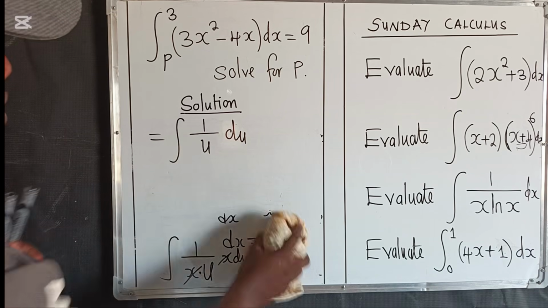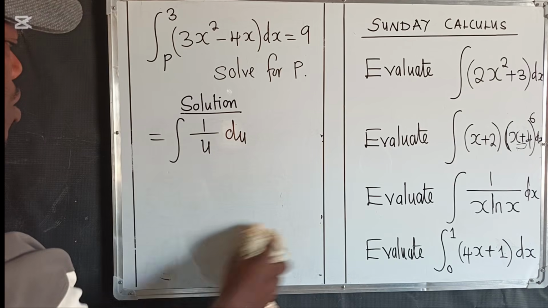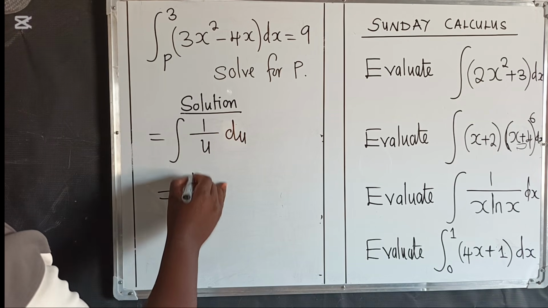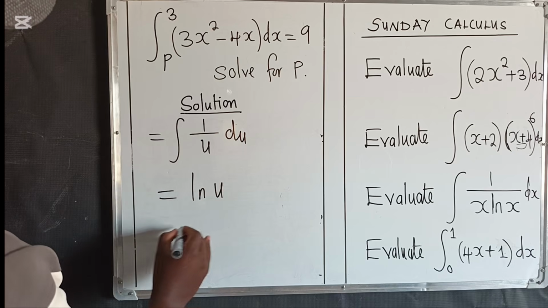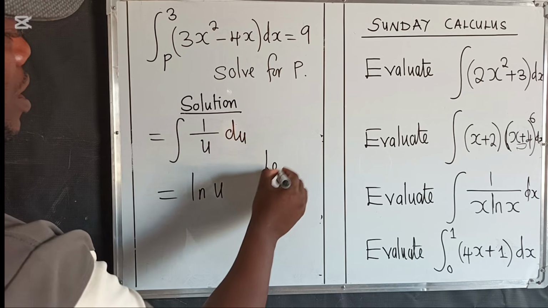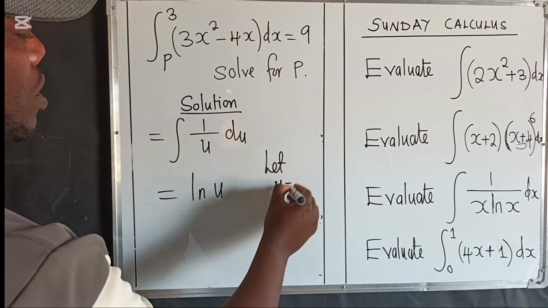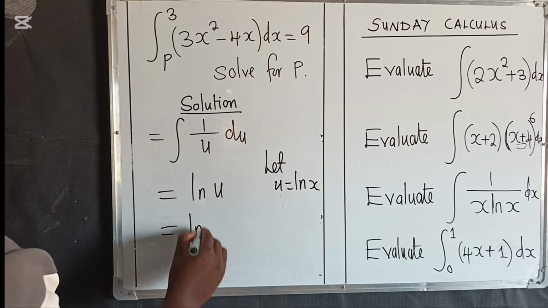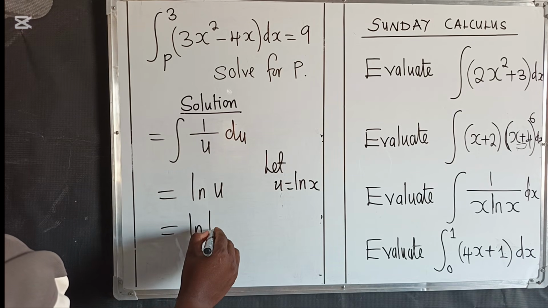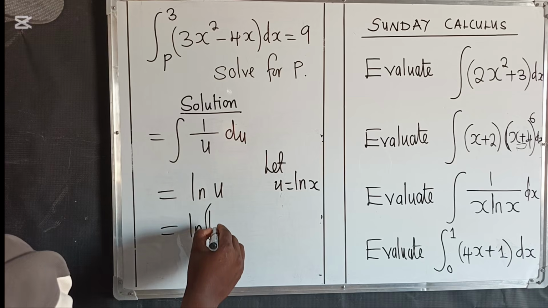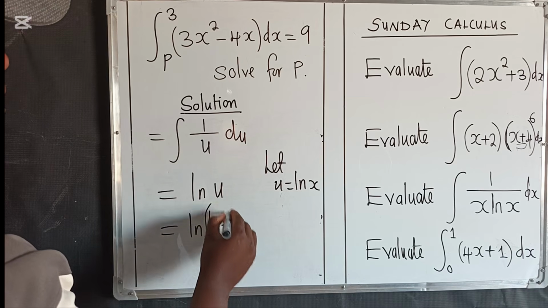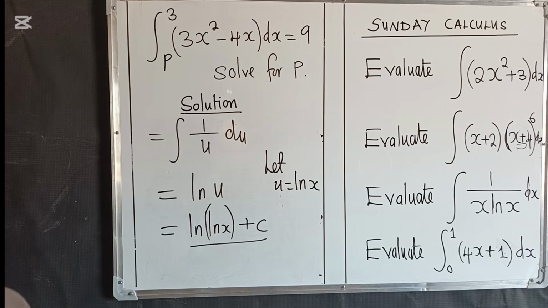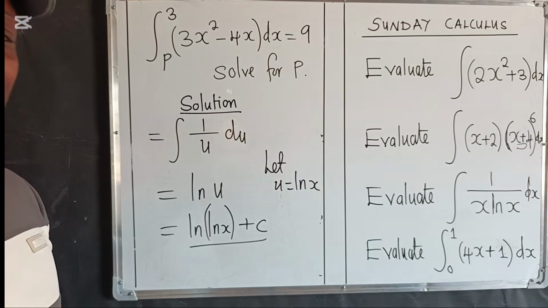After cancelling, this is what you are remaining with. And using the integral property, the integral of 1 over u will simply be equal to ln u. And remember, we said let u be equal to ln x. So we can substitute back: ln of ln x is our answer. We say plus c right over here. So we've answered question 3.